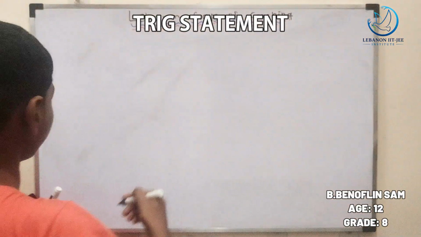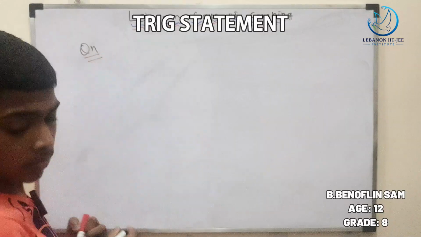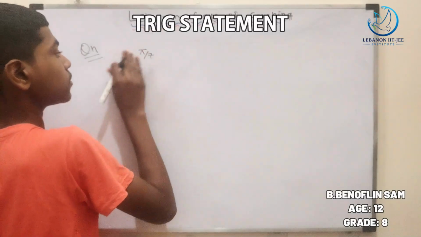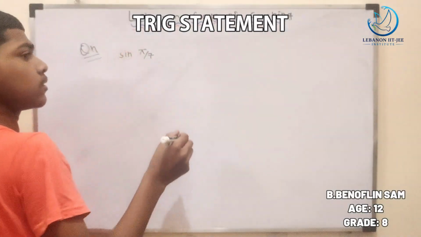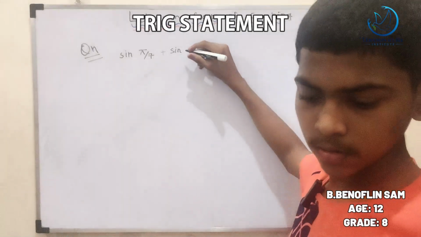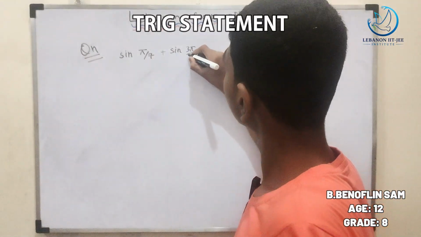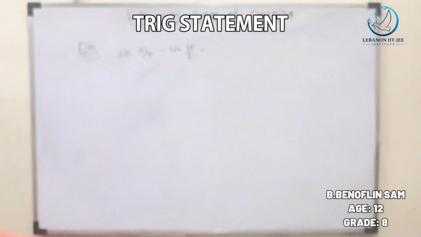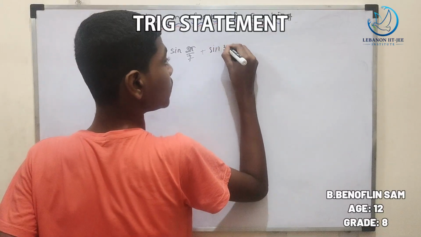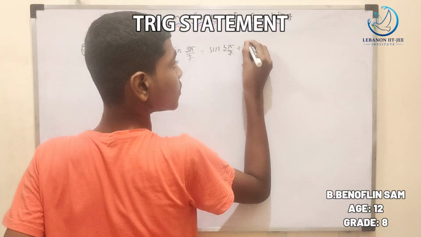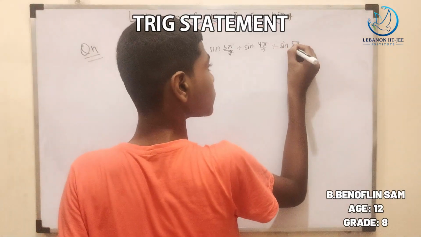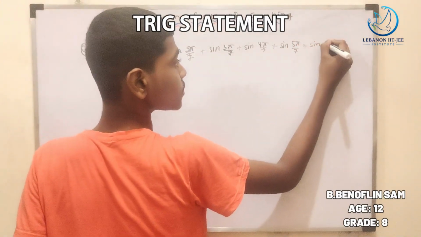The question: sin pi by 7 plus sin 2 pi by 7 plus sin 3 pi by 7 plus sin 4 pi by 7 plus sin 5 pi by 7 plus sin 6 pi by 7.